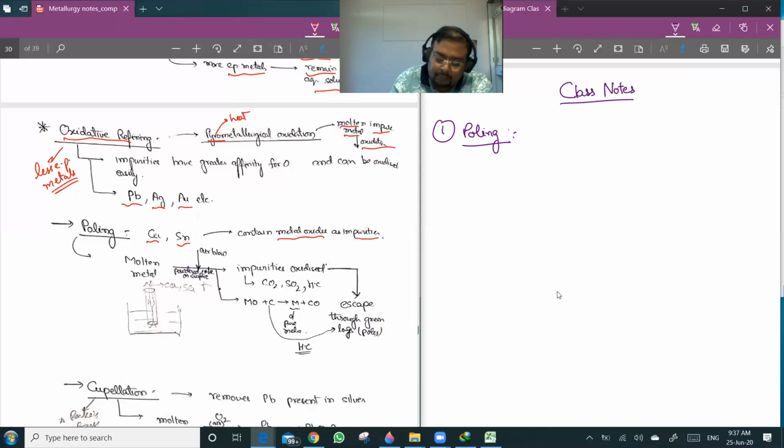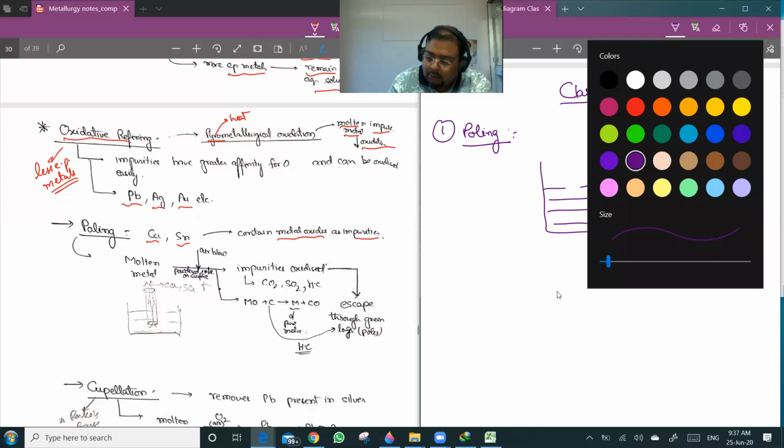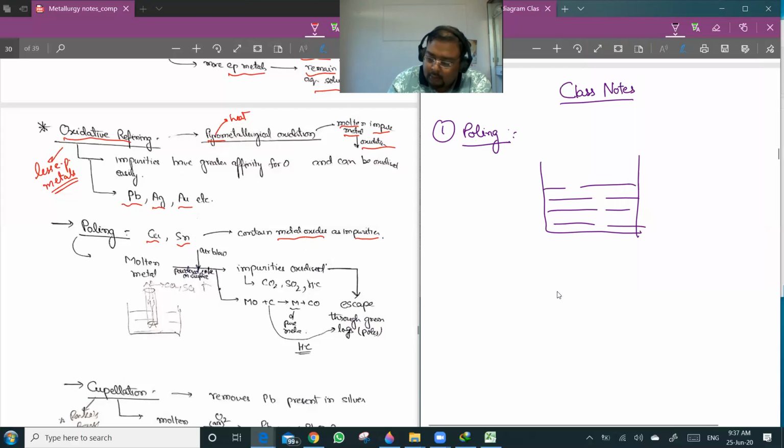In poling, we take the molten metal and stir it using green logs.